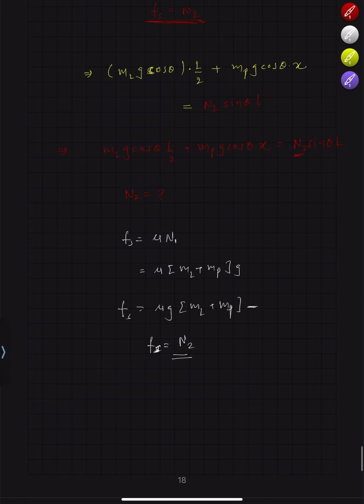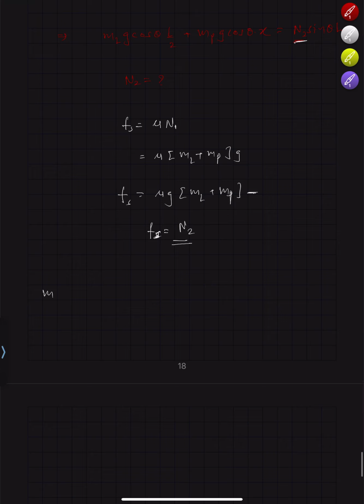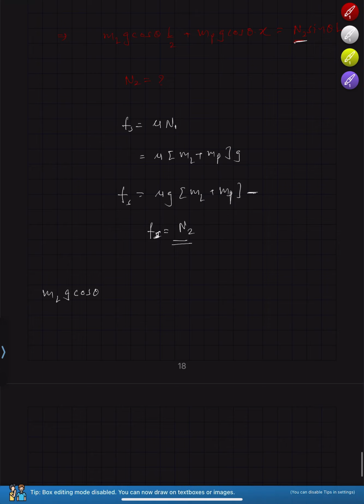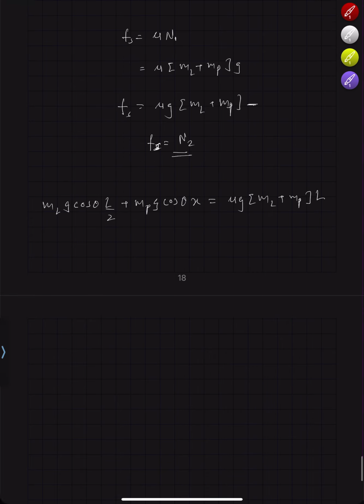Now putting this N2 value in this equation, we get m_l g cos theta times L by 2 plus m_p g cos theta x is equal to N2 sin theta L, where N2 is mu g (m_l plus the mass of the person). Now from this equation we have to find the value of x.